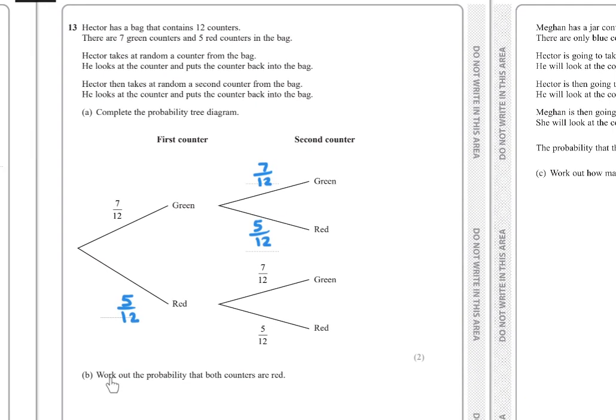Now B, work out the probability that both counters are red. So red and red, so 5 over 12 times 5 over 12 equals 25 over 144.